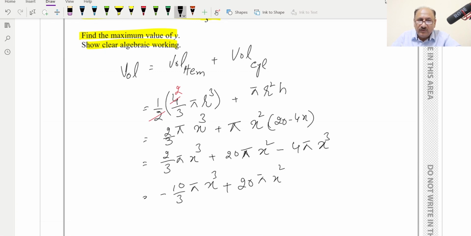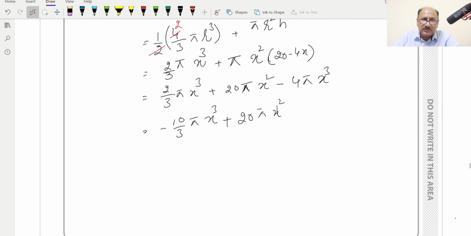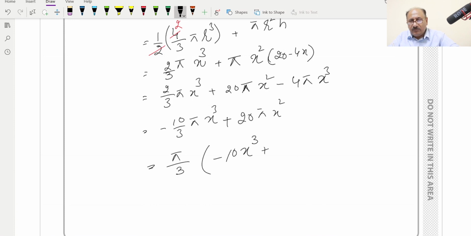Now we can take common. So this we can take 1 by 3, basically pi also we can take common, and pi over 3 we can take common. So inside will be minus 10x cubed, and plus this will be 60x squared.